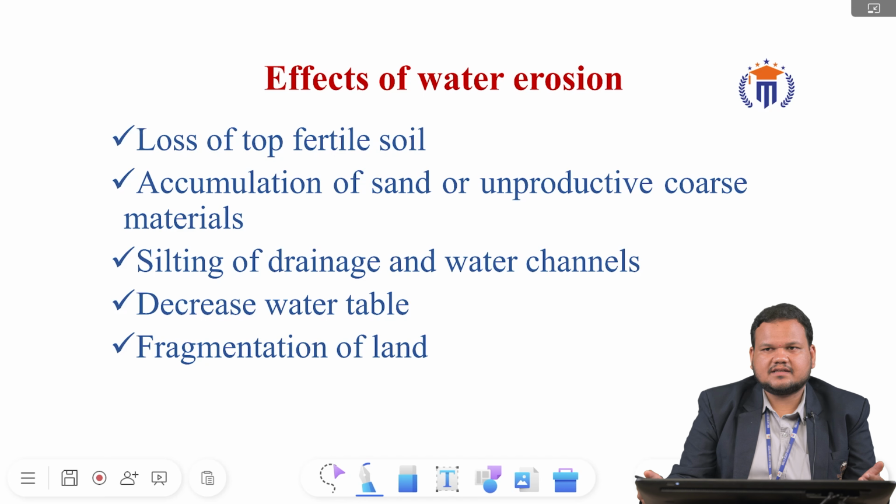Also, as there is more horizontal movement and no vertical movement, the water table can decrease. There is also fragmentation of land: in gully erosion, the more gullies are formed, the more the land is fragmented.